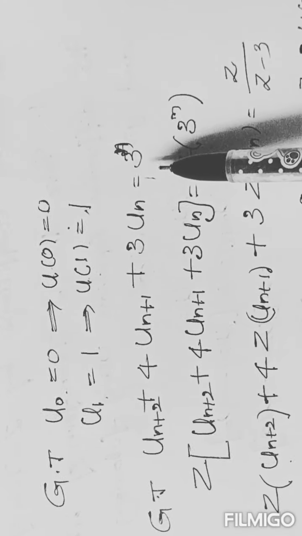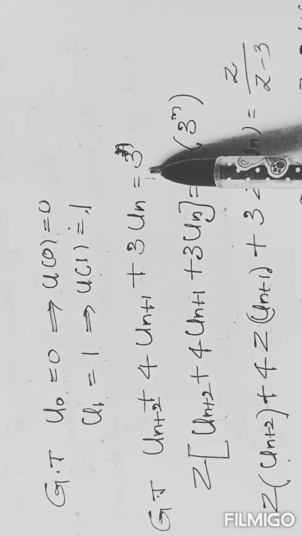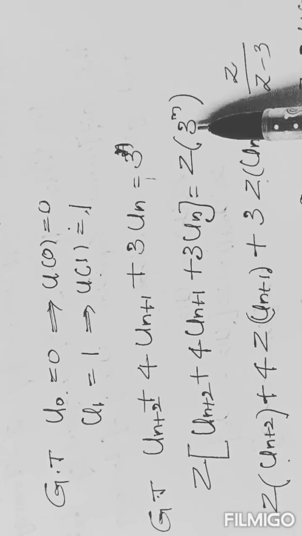Now take the given equation: u_{n+2} + 4u_{n+1} + 3u_n = 3^n. According to the working procedure, apply the Z-transform operator on both sides of the above equation, so Z of the left side, Z of the right side.